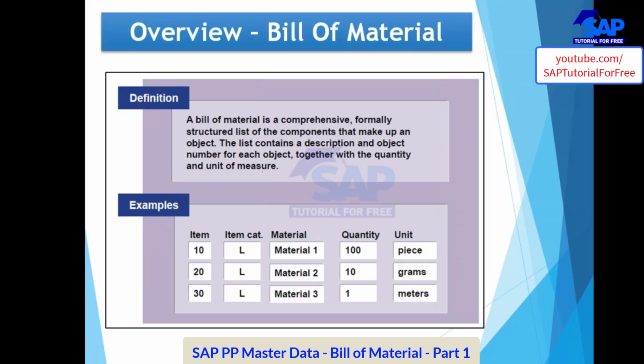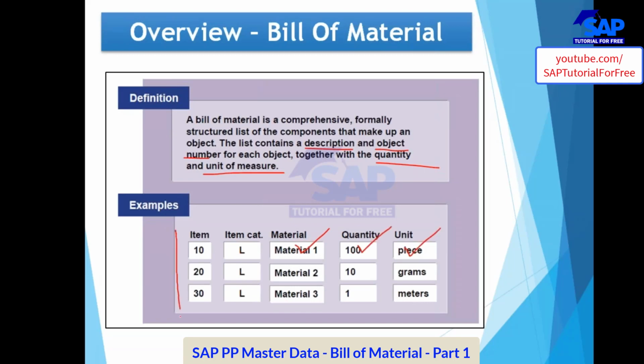Let's say you are manufacturing a cycle, you require some components: pedal, tire, bulb, handle, seat, all those things. These things you will maintain in the bill of material. It will contain the object number, component number, its description, its quantity required and unit of measure.